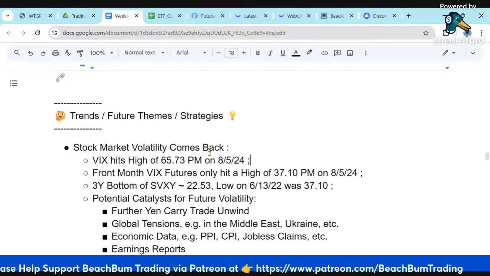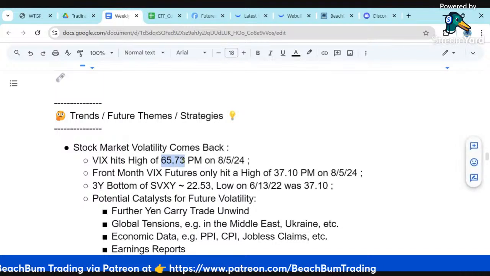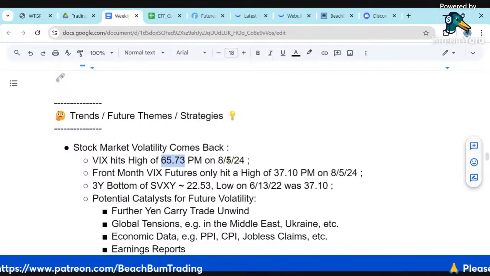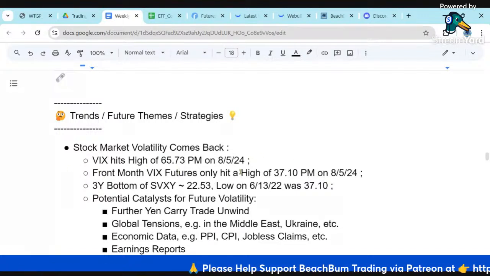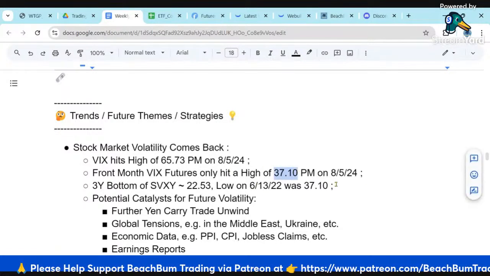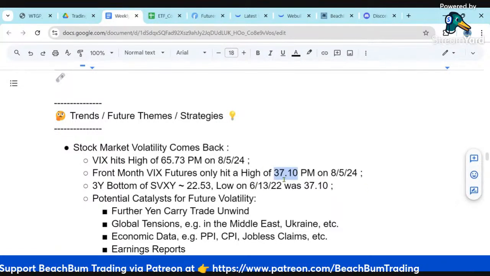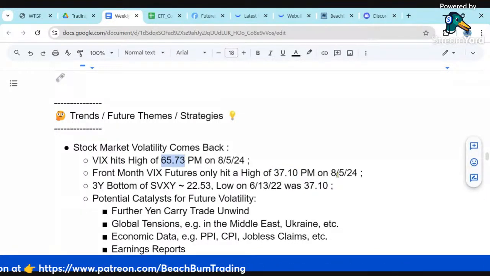On Monday, the VIX itself hit a high of 65.73 pre-market on the 5th. And again, somewhat of a disconnect. The front month futures of the VIX only had a high of 37.10 at that time. So the VIX futures never did spike as high as the actual VIX.